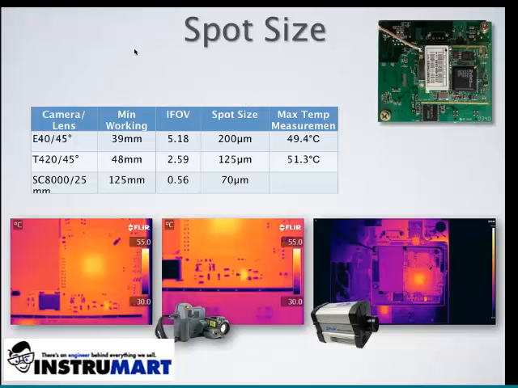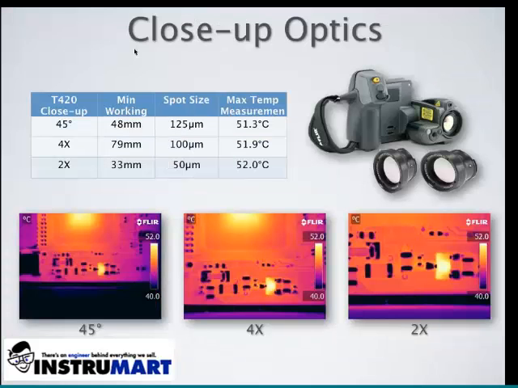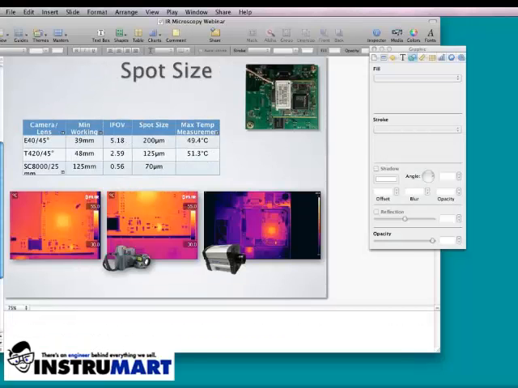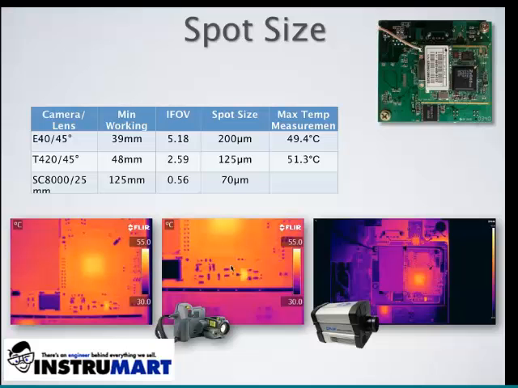Okay. The next slide here is a comparative of our printed circuit board target taken with these different instruments. The first image is taken with the E40, the second with the T420, and then the third, the one on the far right, with the SC8000.